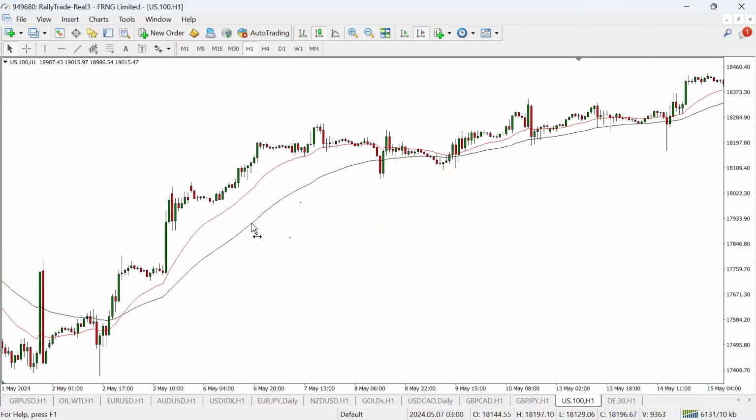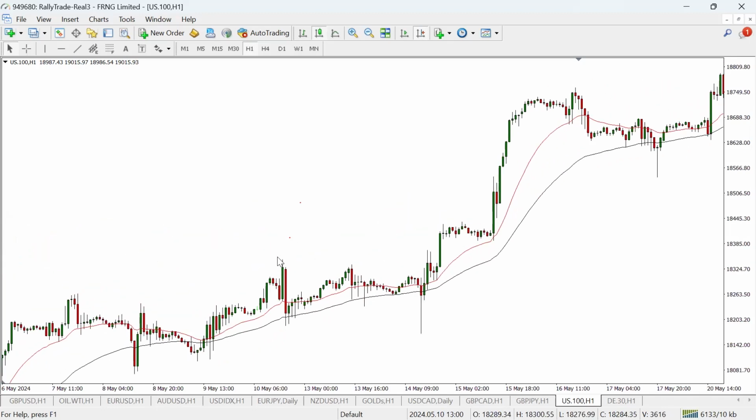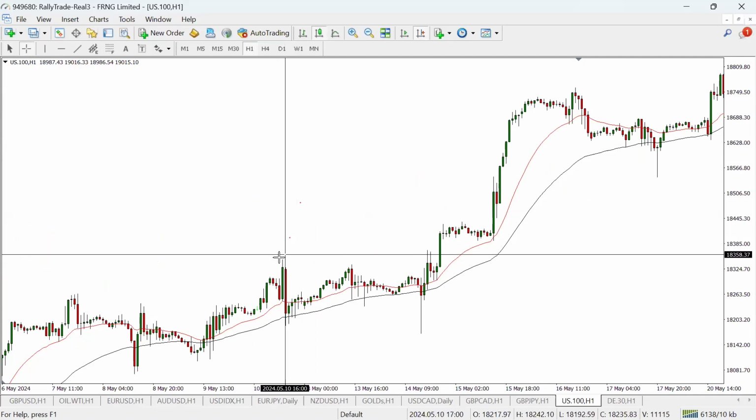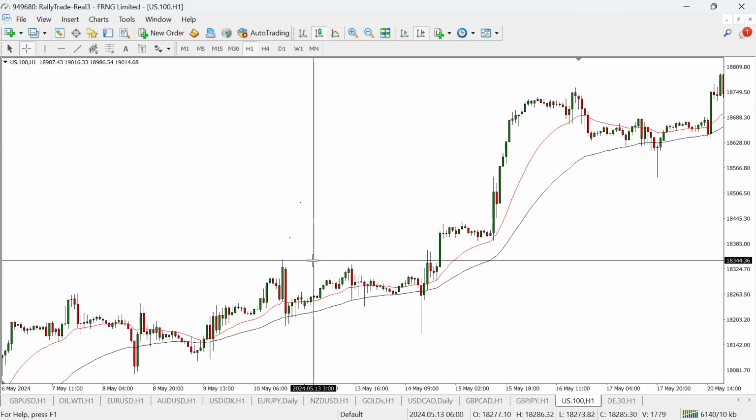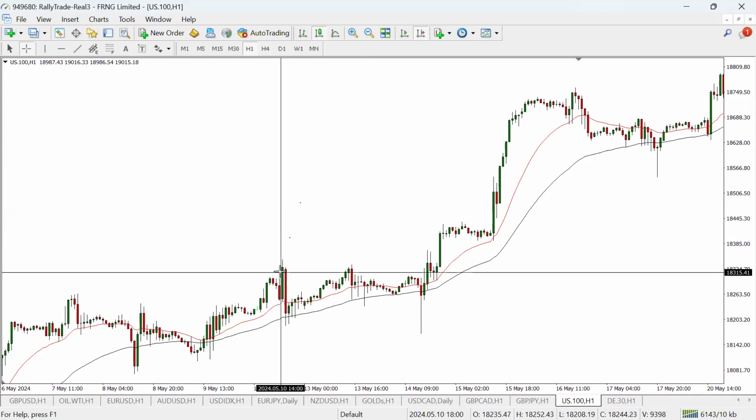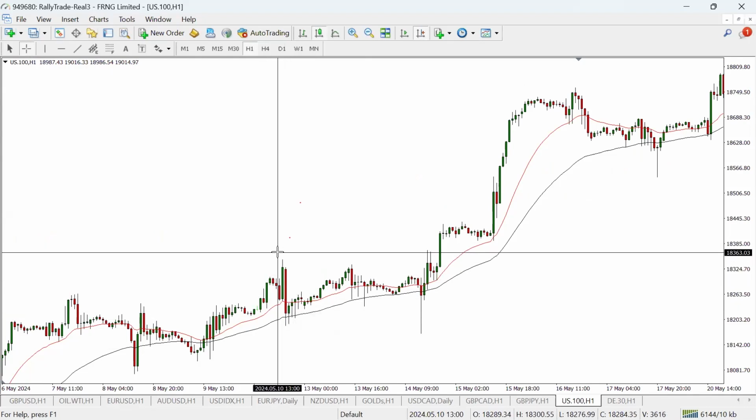Let's take a look carefully. You can see the moving average pointing to the upside. After this push to the upside, this is the retracement level here. All you need to do is put your pending order above it.